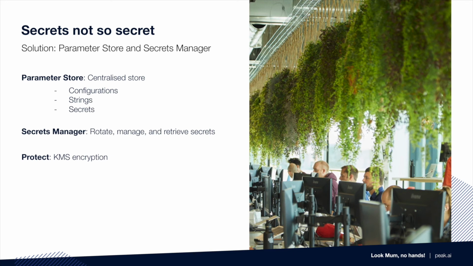Both features allow you to store values as plain text or as encrypted data using KMS, the Key Management Service. And these services can be integrated into other popular AWS services such as ECS, Lambda, CloudFormation, CodeBuild, CodePipeline, and CodeDeploy.